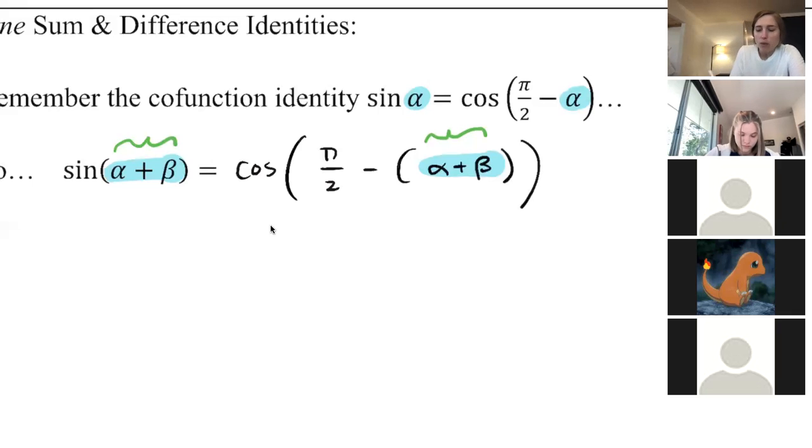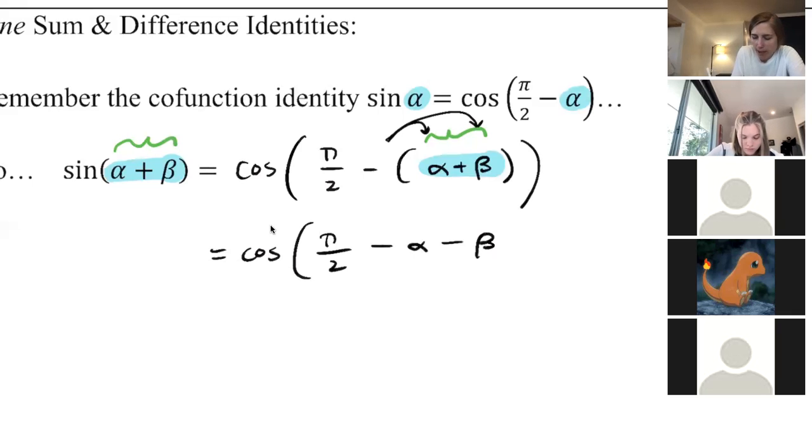Okay, so the next thing we're going to do is I'm going to think about distributing this negative so that I would have cosine of pi over 2 minus alpha minus beta. And then by the associative property of addition, I'm allowed to regroup the pi over 2 minus alpha.